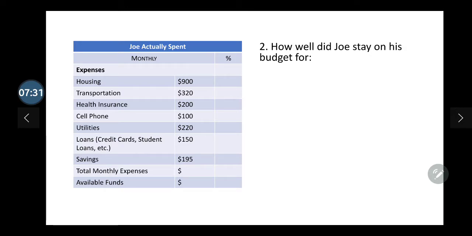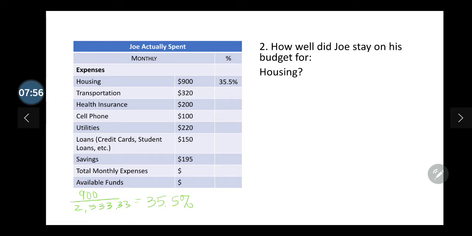So for example, let's look at housing. If I take the $900 and divide it by his paycheck, $2,533.33, that is going to equal 35.5%.